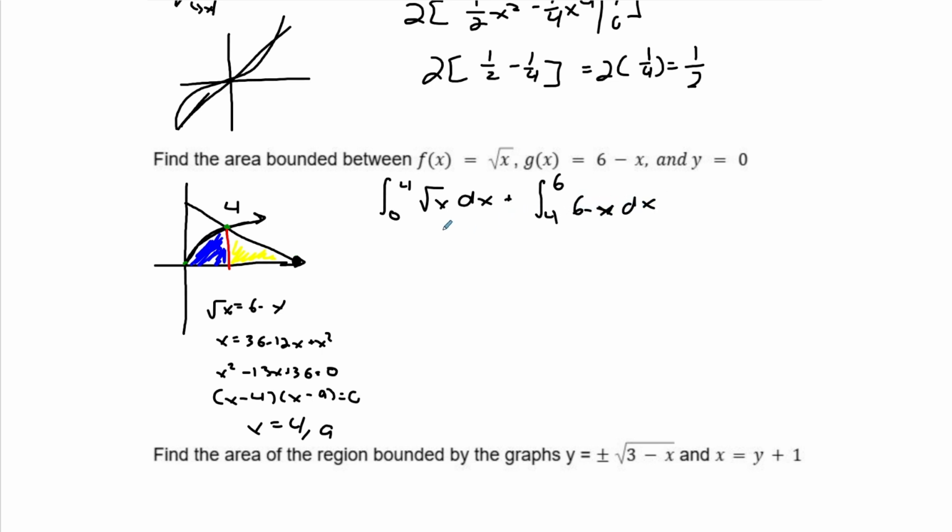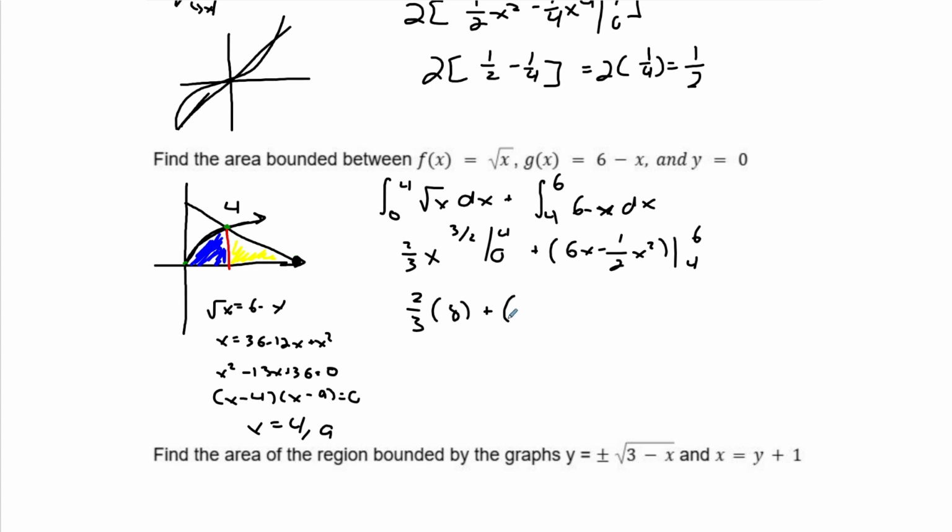Okay, so then we would just have, this looks like it's going to be what? So we'll have x to the 3 halves. So 2/3 x to the 3 halves from 0 to 4. And then plus, we'd have 6x minus 1/2 x squared from 4 to 6. Right? And so this would give us 2/3 times 4 to the 3 halves is going to be 4 root 4, which is 8.